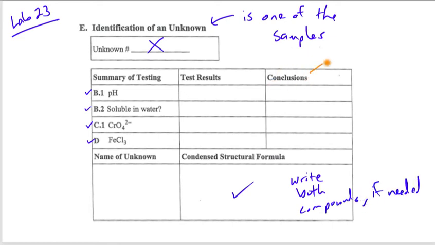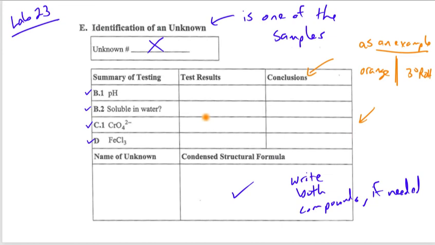In the conclusions column, really what we're looking for is, as an example, let's say the unknown stayed orange. If the observation is that it stayed orange, then the conclusion is that it would be a tertiary alcohol. So based on your test results for that one observation, what could be your conclusions?